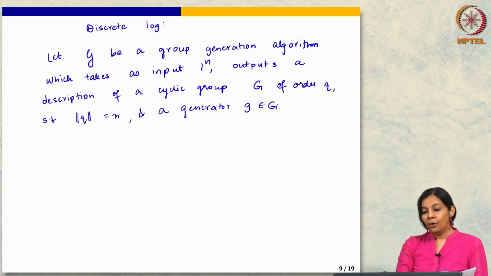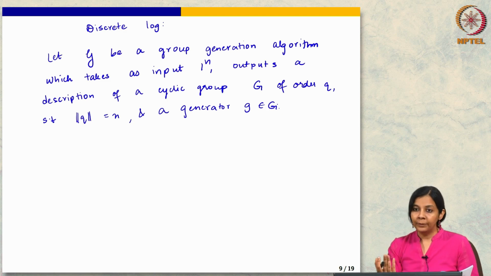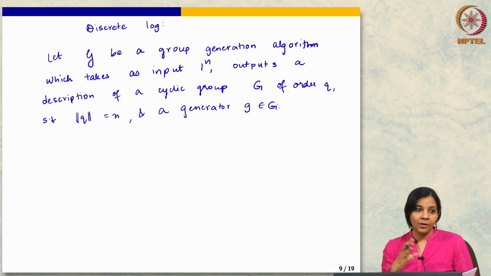Now we have a way of generating a finite group which is cyclic. It has prime order, let us say. There are other groups which do not have prime order. A very notable example is Z_p star.